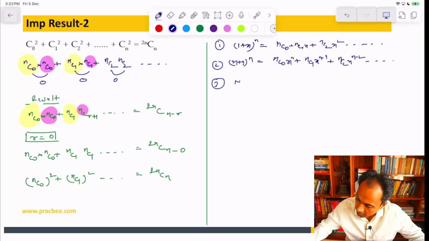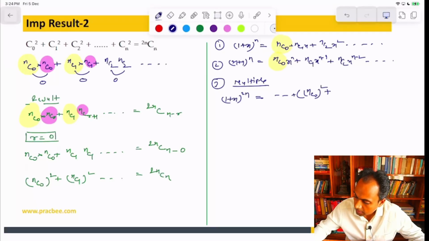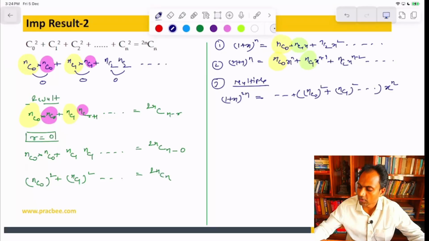Third, we are going to multiply them. If I multiply, it is going to become (1 plus x) raised to the power 2n on the left hand side. And since now we are multiplying this term with this term, there would be multiple terms, but this will generate nC0 whole square. Then we will multiply nC1 with nC1. This will generate nC1 whole square, and you can see that in all of these terms, the power of x is coming out to be n.